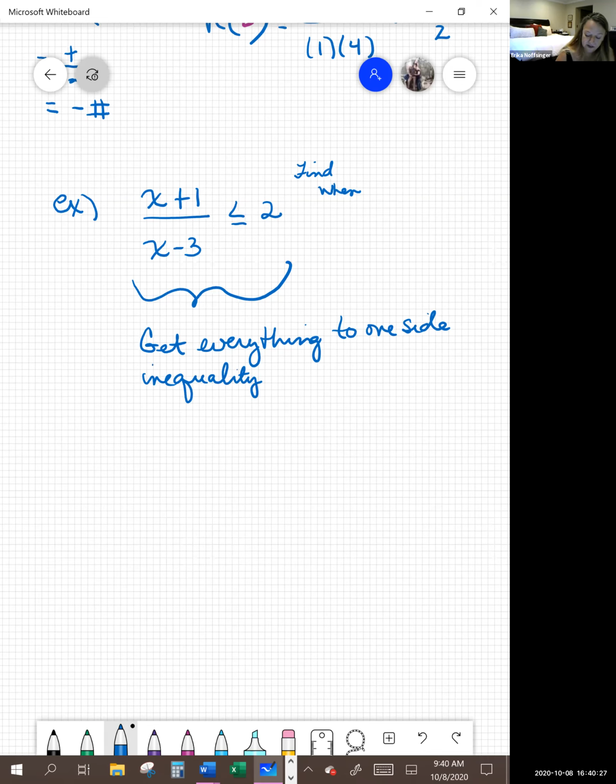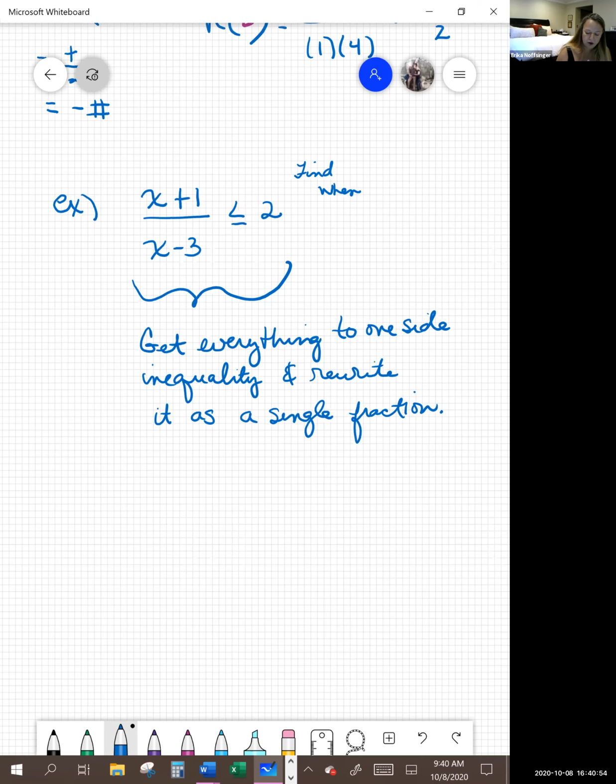And then if it's rational, we want to rewrite it as a single fraction. Okay, so let's do that first. So here we want to get this less than or equal to 0.